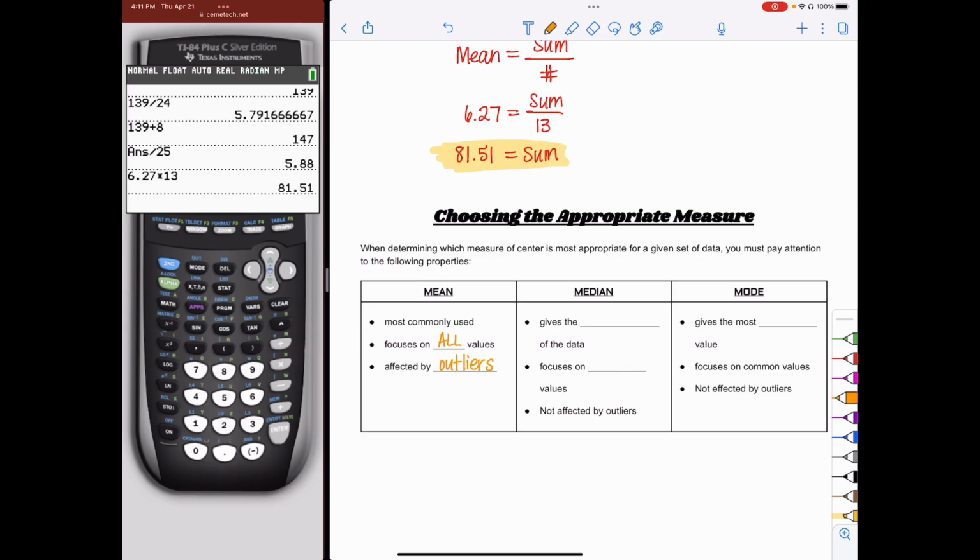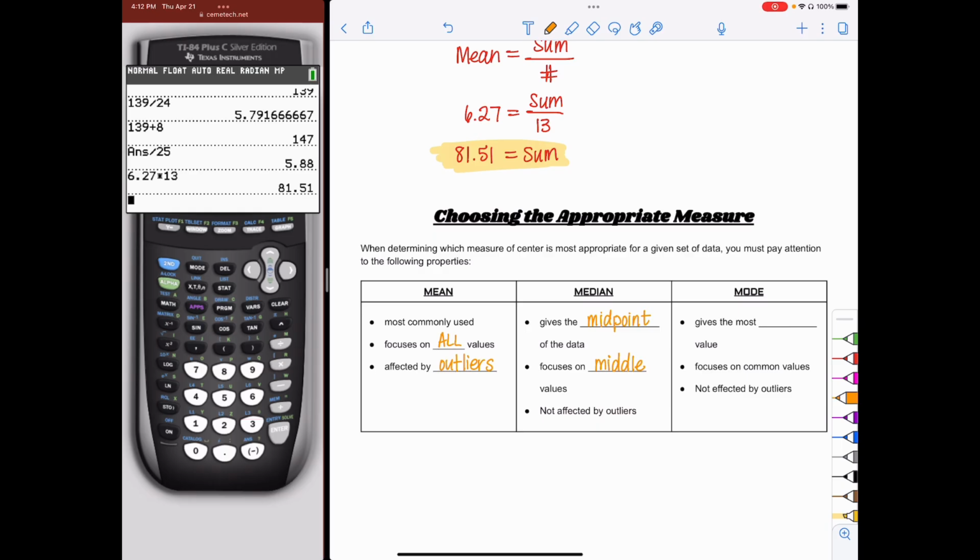Median gives the middle of the data. It gives the middle, or you could say technically the midpoint of the data, and it's going to focus on the middle values.